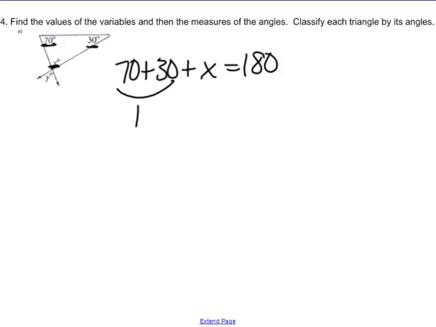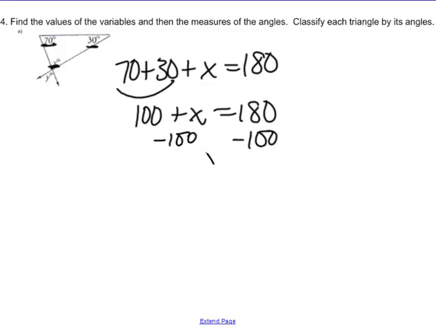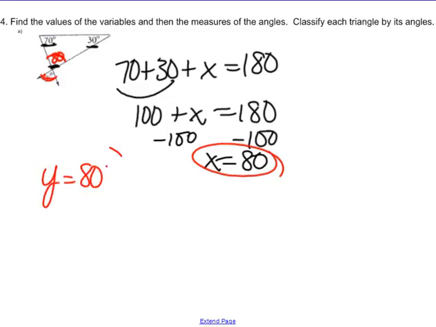So this is 100 plus x equals 180 minus 100, x equals 80. So now we can say this is 80 up here. And we know also that y is going to be congruent to 80 because y is a vertical angle to x. So y also equals 80 degrees.